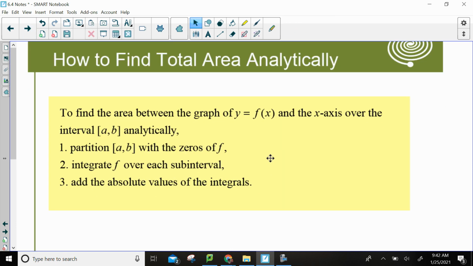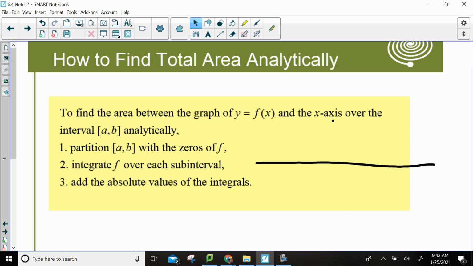So how do we find the total area analytically? To find the area between the graph of f of x and the x-axis, you are going to partition a to b with the zeros. And why do we do that?